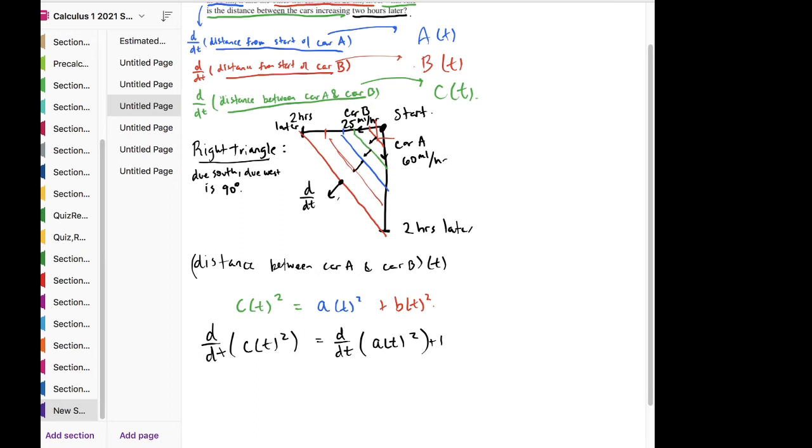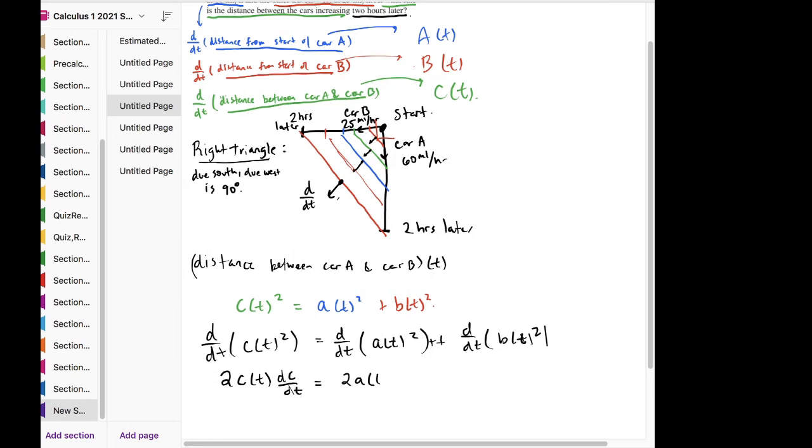So this is similar to our square question, so they'll all look the same. This is 2 c of t dc/dt, and this is 2 a of t da/dt, and then plus 2 b of t db/dt.